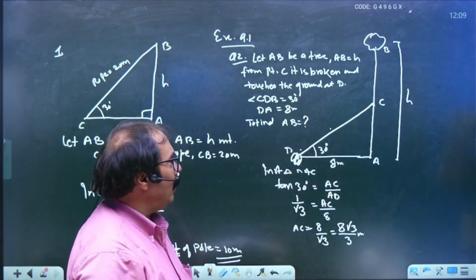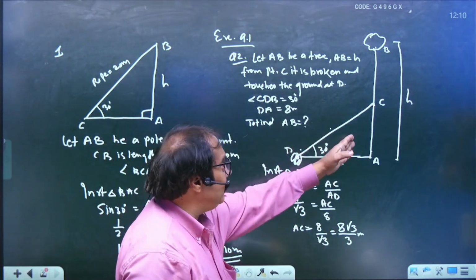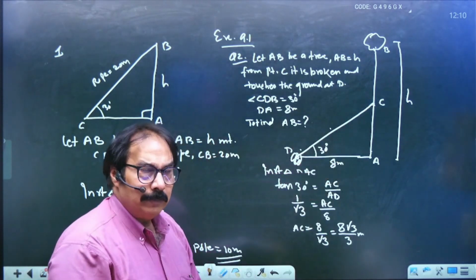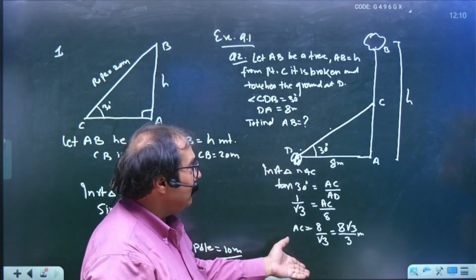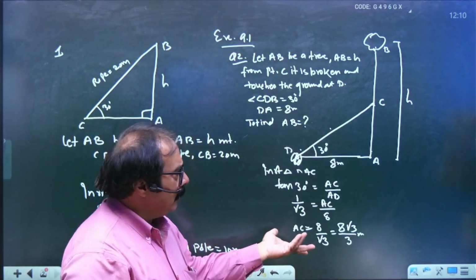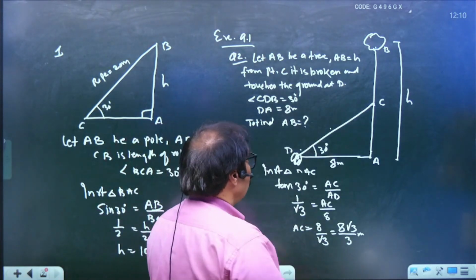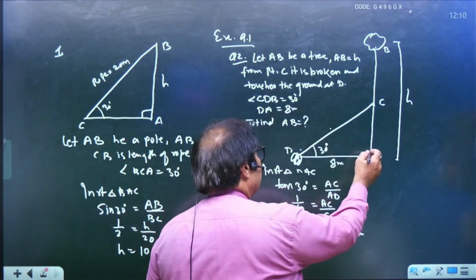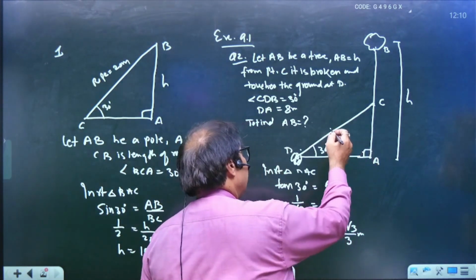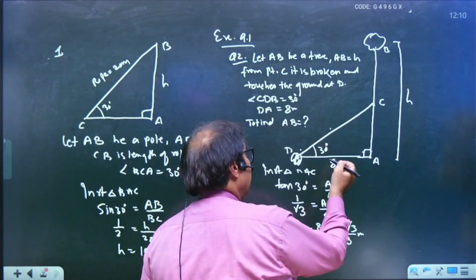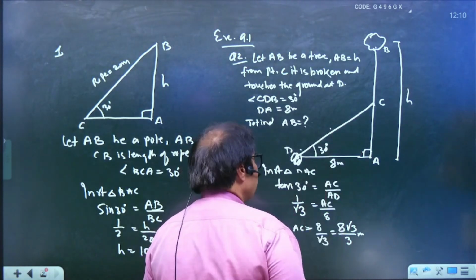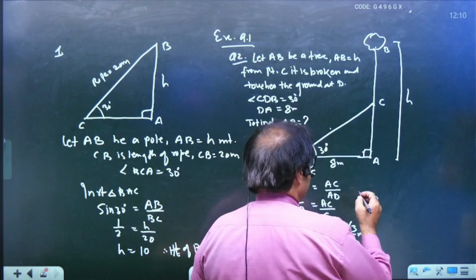Okay, and now to find BC, apply the Pythagoras theorem or apply the trigonometrical ratios. It is up to you. So this is the right angle. So the side opposite to the right angle is hypotenuse. So this is hypotenuse and this is base. So we will apply cos 30 degree.